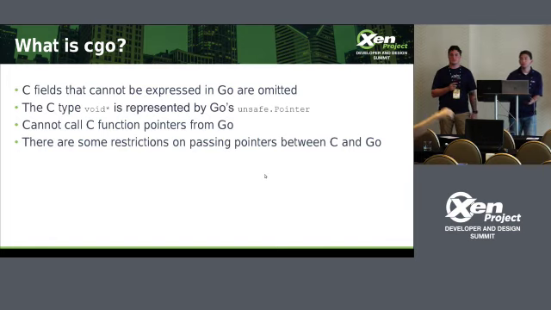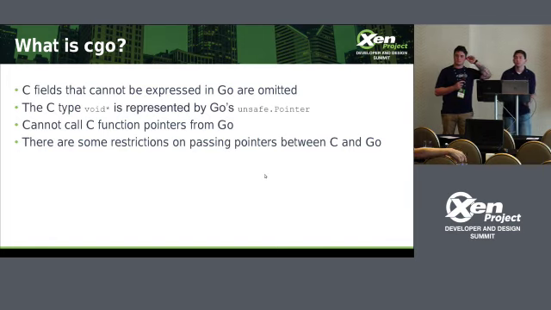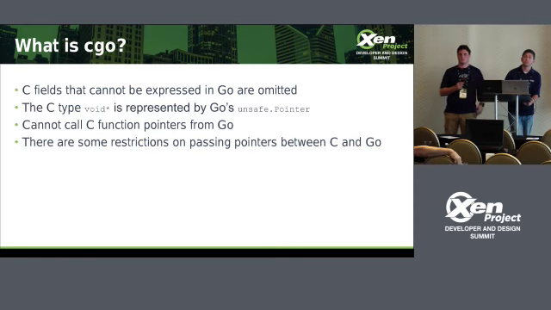So I have a question. Have you found, I mean, obviously doing this kind of thing is always going to be a bit tiresome, but how have you found libxl for trying to wrap up like this? And are there things that we could do better?